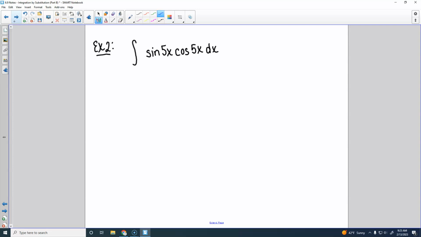It feels like 5x should be your inside part, right? Based on what we've done so far, looking at that last one, 5x could be your inside part.